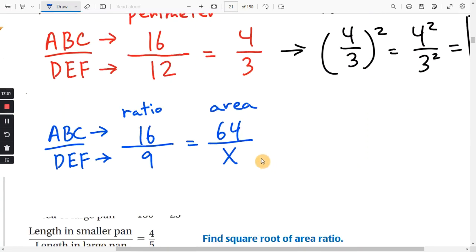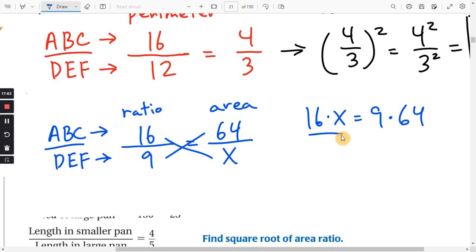Cross multiply, 16 times X is going to equal 9 times 64. And the opposite of times 16 is divided by 16. The 16s cancel. You can do this on the calculator, but I know 64 divided by 16 is 4, and 9 times 4 is just 36.